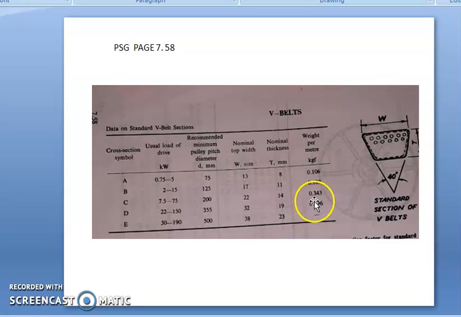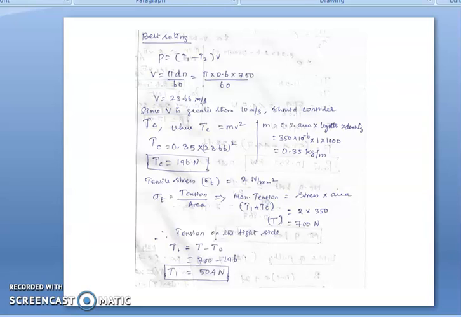We can also select the weight of the belt per meter length, that is 0.343 kg. Either we can use the table, or by using this formula you can find the mass of the belt. Then the velocity of the belt we have already predicted. Now the centrifugal tension is equal to 196 Newton.